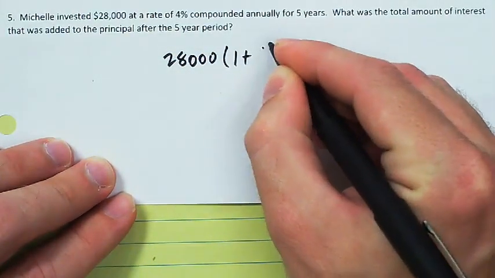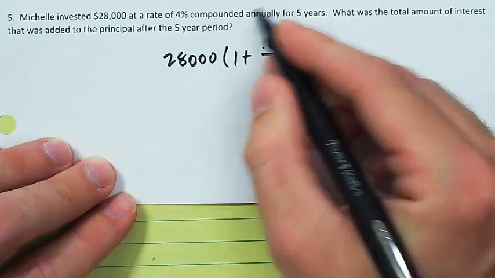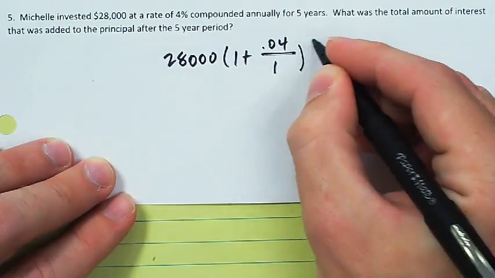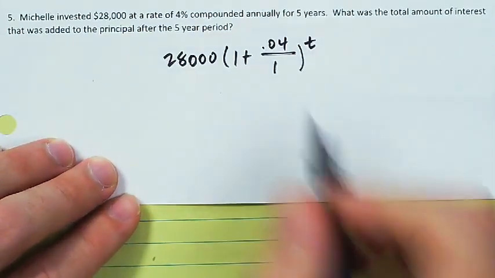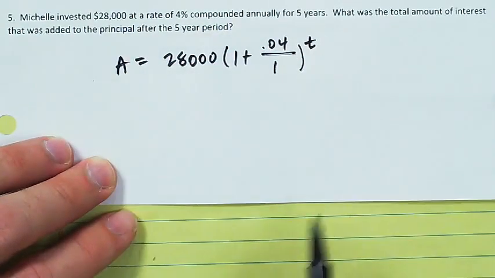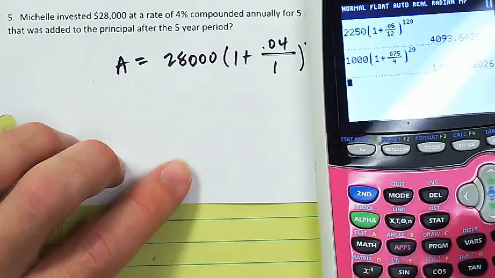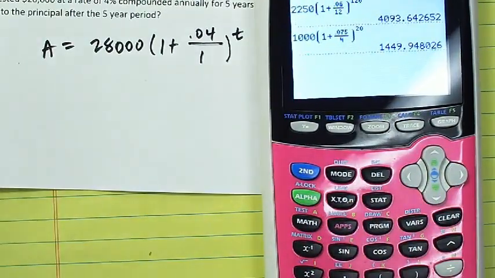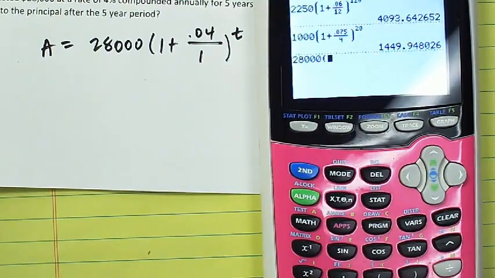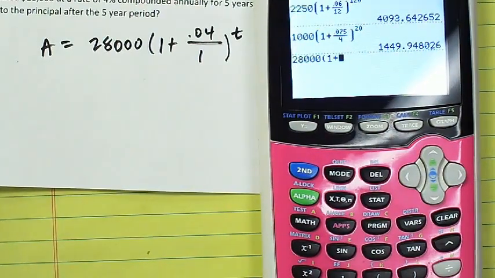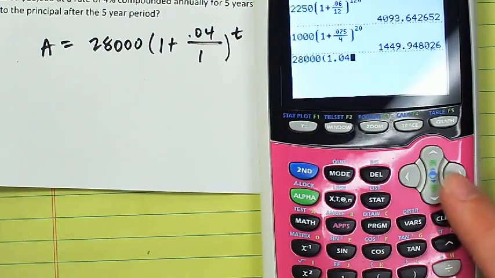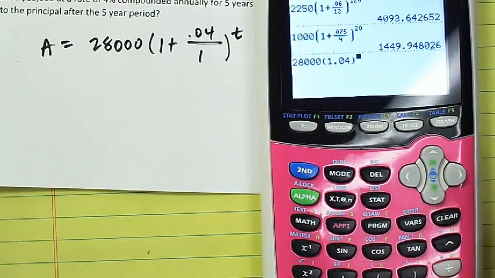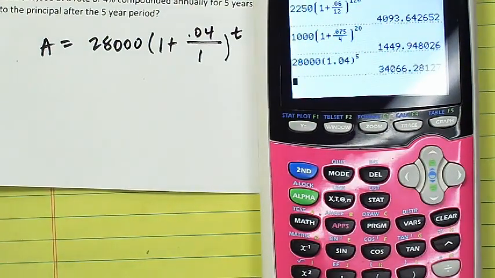28,000 times 1 plus 0.04 compounded annually, that means once per year. So the 1 times t to the power of 1 times t. And after 5 years, we'll find the total amount, and then we'll have to subtract away the 28,000 to figure out what of that was interest and what of that was principal. Times 1.04 to the power of t, which is just going to be 5.